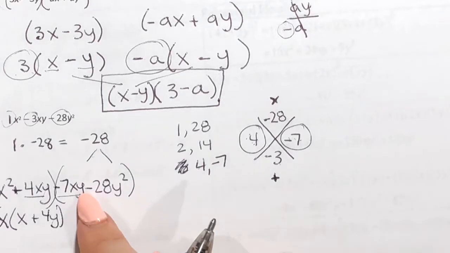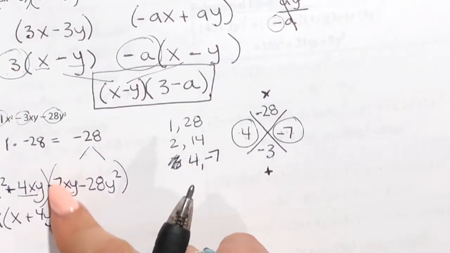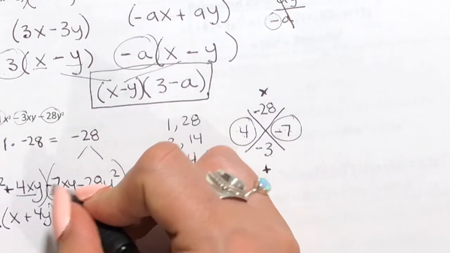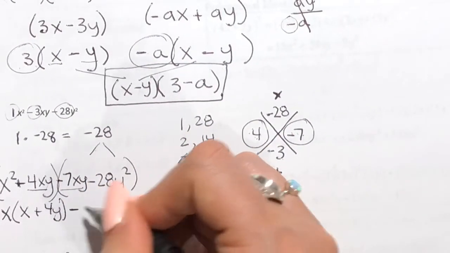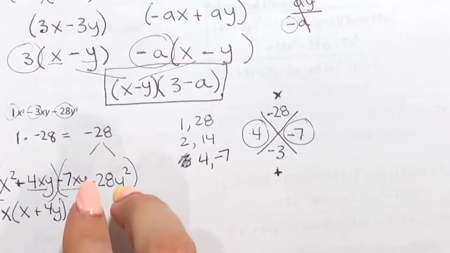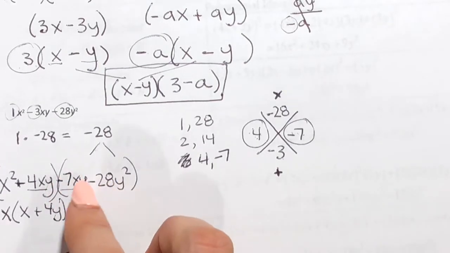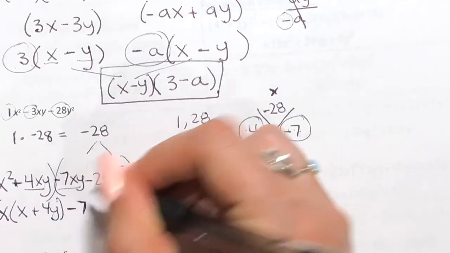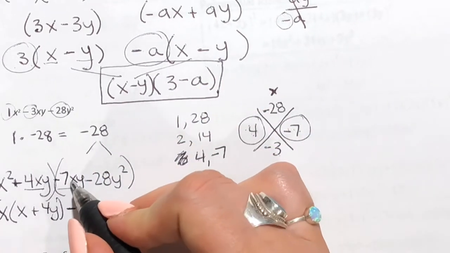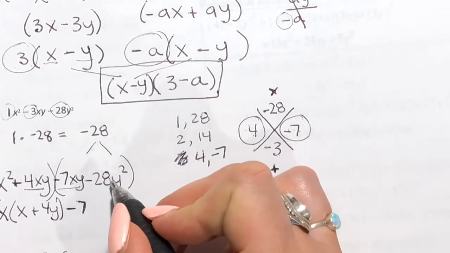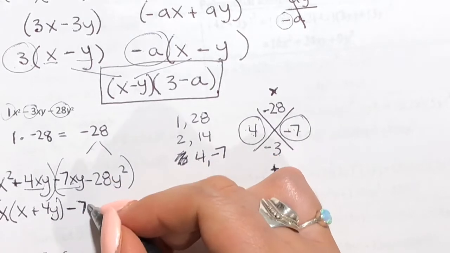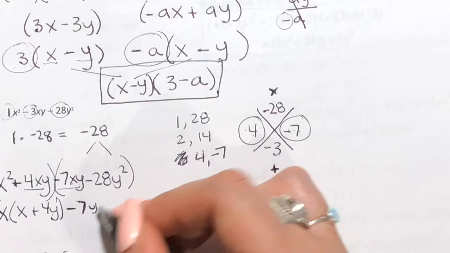And then I move to the second group. Remember, if this first one is negative, we don't like that. I have a -7 here, so I know I'm going to take out a negative. And then if I look at my numbers, 7 and 28, we know that 7 goes into 28. So we're going to take out a -7. And then there's no x's on this second term, so we can't take an x out, but they both have at least one y, so we can take one y away.